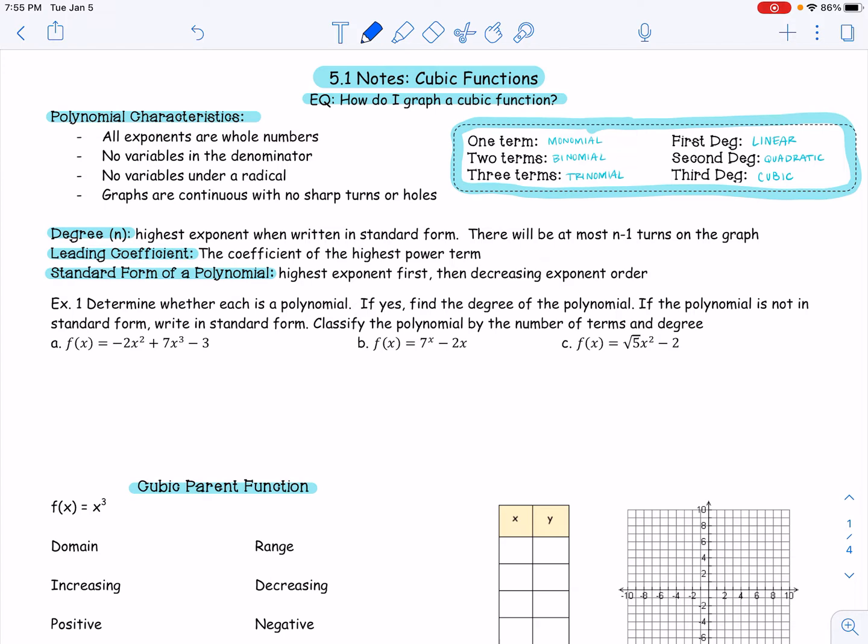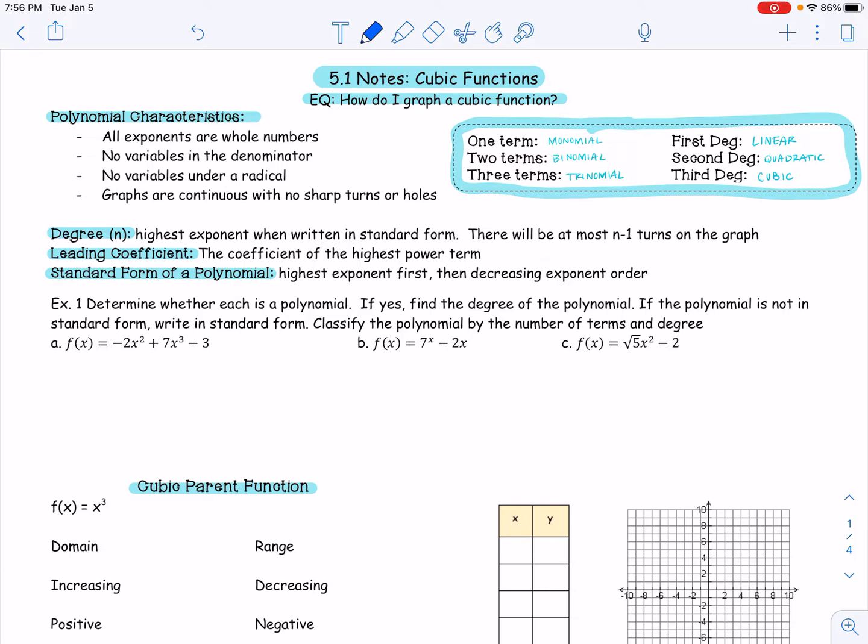Another couple words that we need to be familiar with are the degree, the leading coefficient, and what is standard form of a polynomial. Well, the degree is going to be the highest exponent you see when it's written in that standard form. And so standard form of a polynomial is whenever your highest exponent is written first and then going in descending order after that.